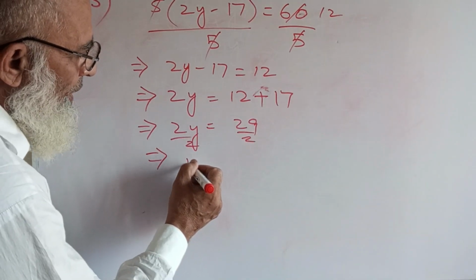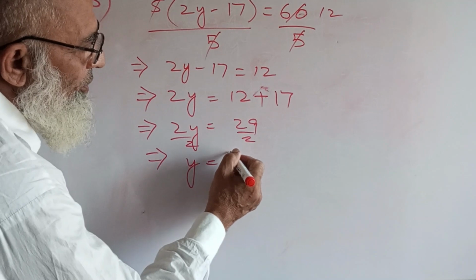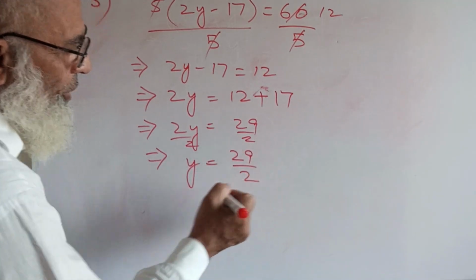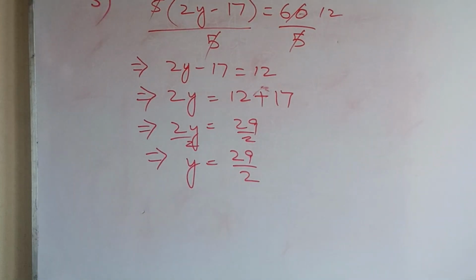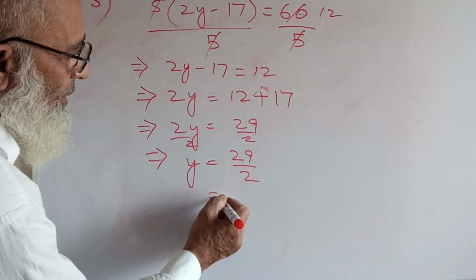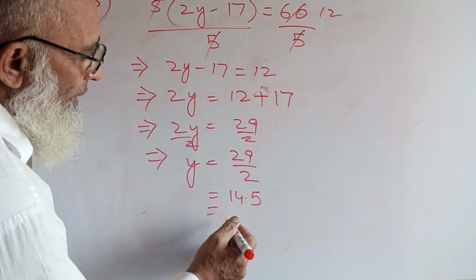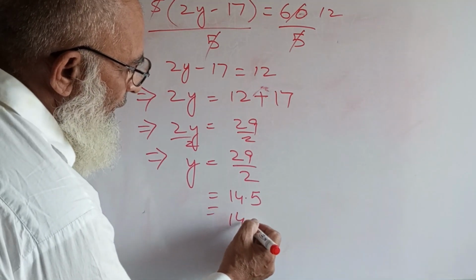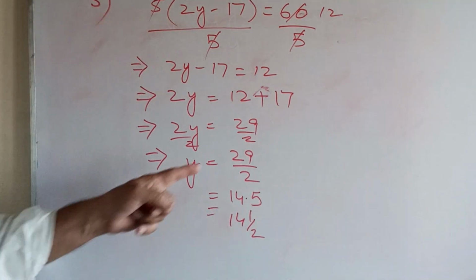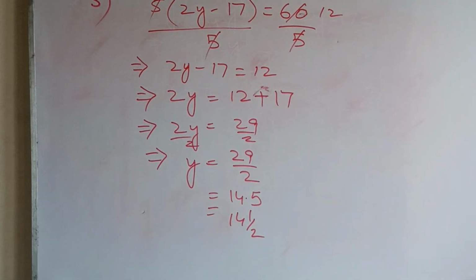It will become y is equal to 29 over 2. Now you can write it as you like. You can even write it as 14.5, or 14 and a half. All the three answers are correct.